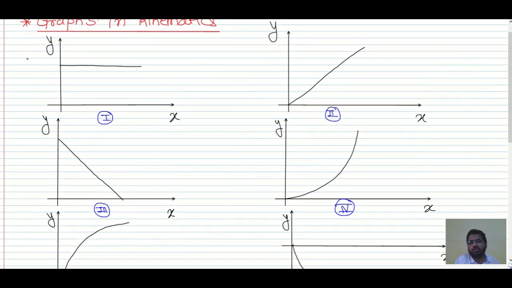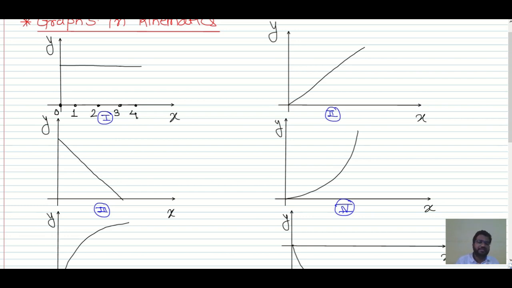Okay, so see, firstly understand what a graph is and how to measure the reading in the graph. Now in this y versus x graph, as you can see, the x coordinate is increasing: here 0, here 1, here 2, here 3, here 4.